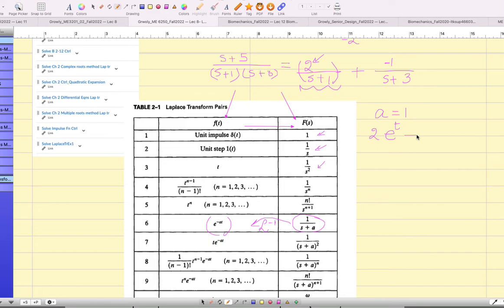For this one it is negative 1. I would not write down 1, I will just keep it like this, minus 2 e to the negative 3t. This is your answer. This is f of t. So when you go from Laplace to inverse Laplace, you come to the time domain.